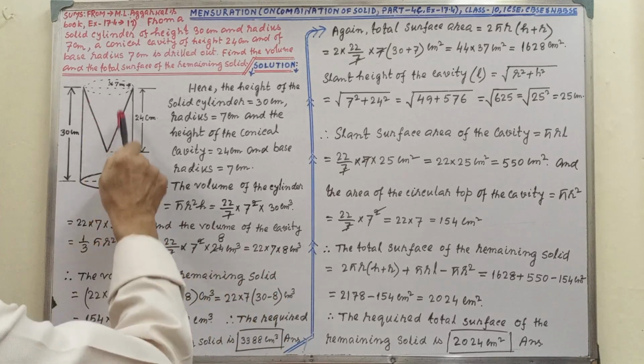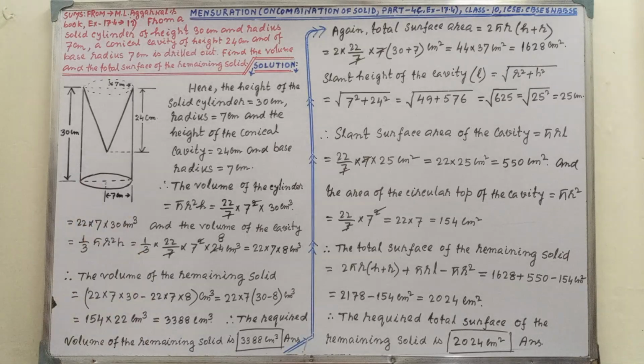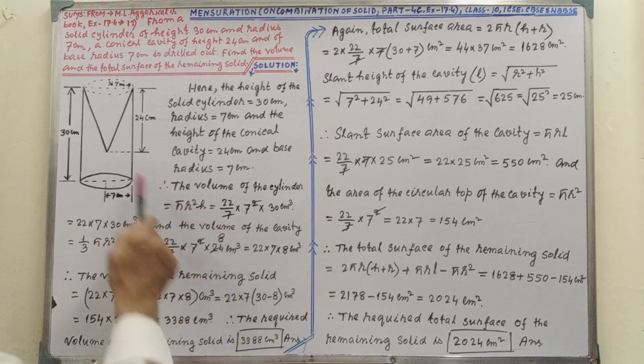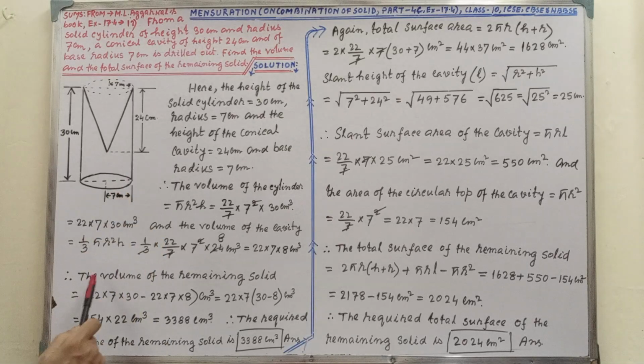From the total volume, we have to subtract the cavity, then you will get the remaining volume. The volume of the remaining solid is the volume of the cylinder minus the volume of the cavity.